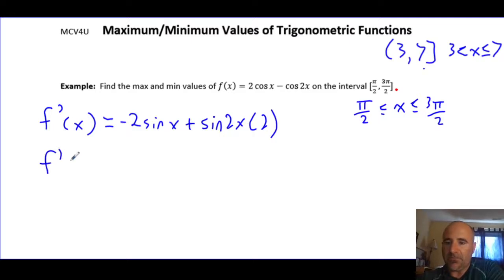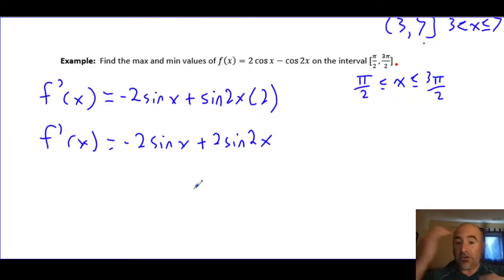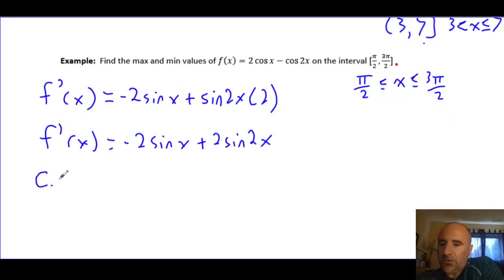So really we have that f prime of x is equal to negative 2 sine x plus 2 sine 2x. And our critical points will occur when the derivative is equal to 0.